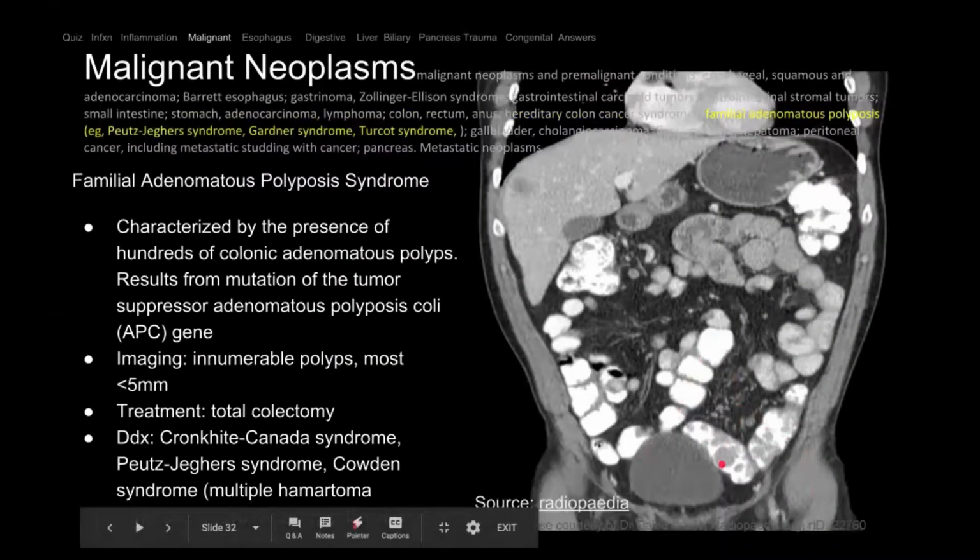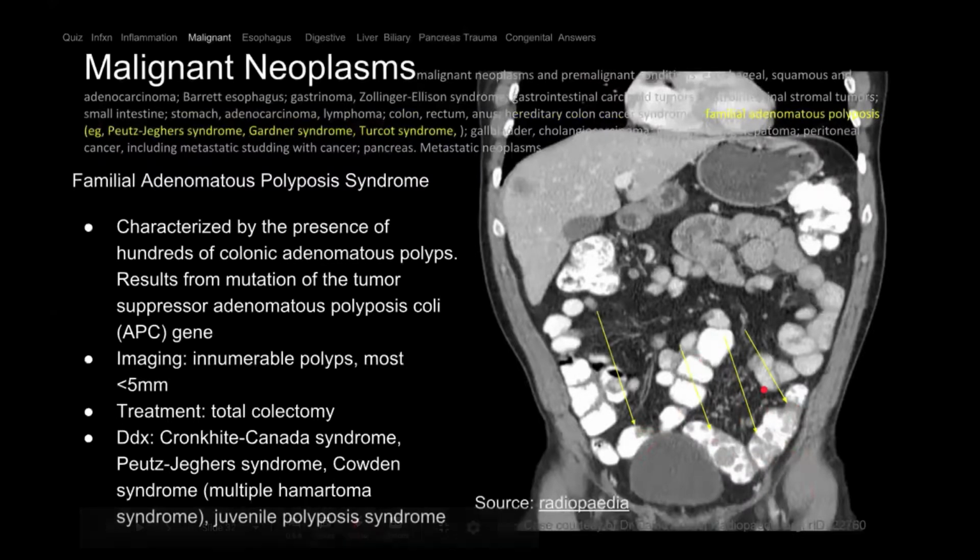Here, what we see is these little soft tissue nodules. Those are filling defects, so these are polyps. There's tons of polyps. Little polyps here, polyps here. There's polyps everywhere. And this is FAP, familial adenomatous polyposis syndrome, due to APC mutation.